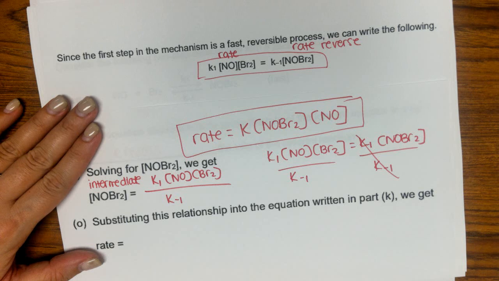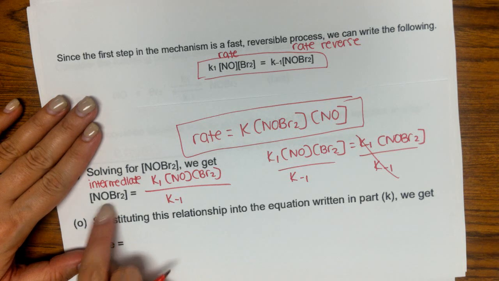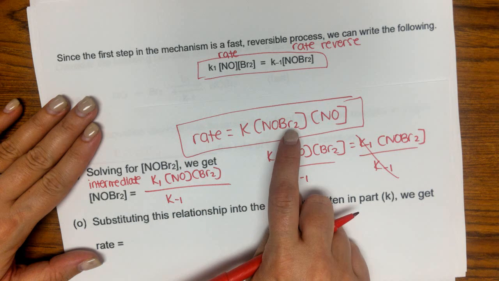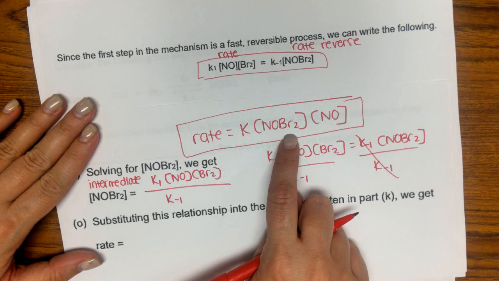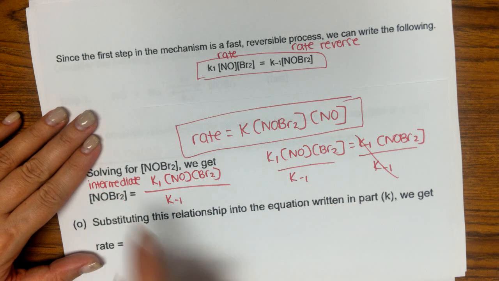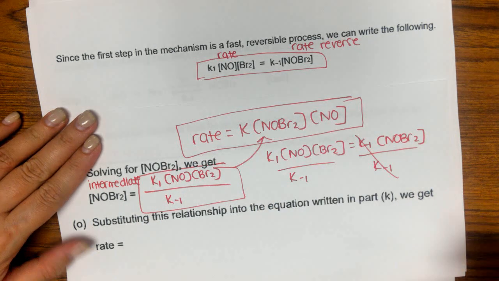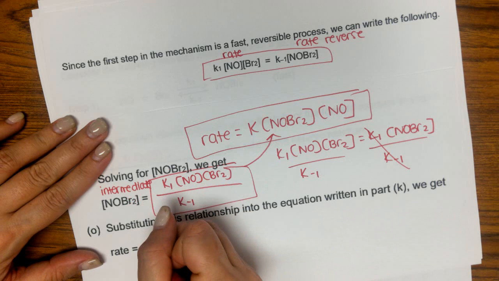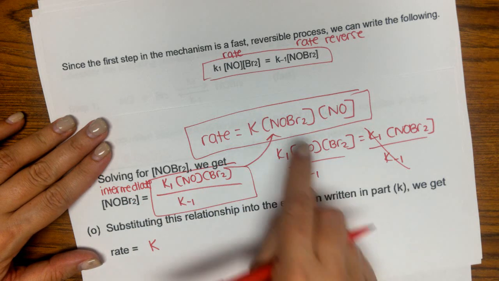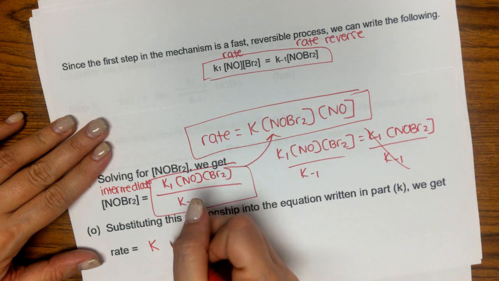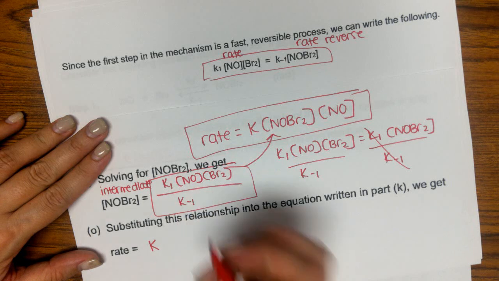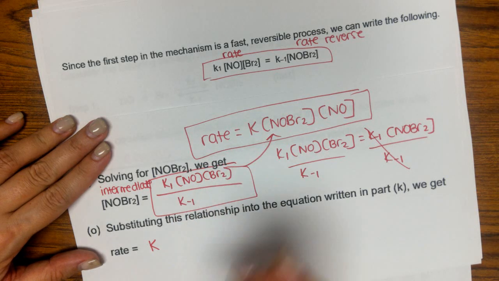And now I have something that my intermediate equals. And so in my original bad rate law, I'm going to substitute NOBR2 equals all of this. So I'm going to plug this into that equation. So I have rate equals K, and then instead of writing NOBR2, I'm going to write what we said it equals, which is right here. And again, we got this from the first step.